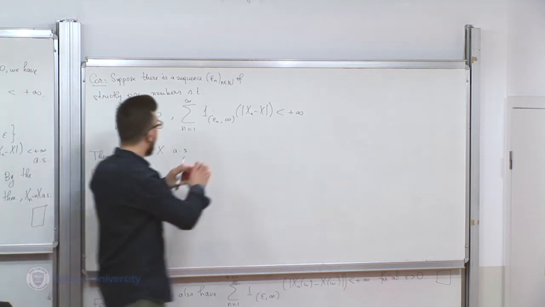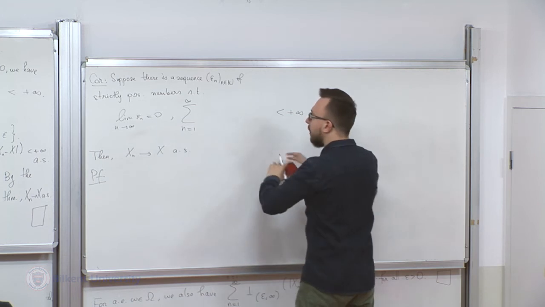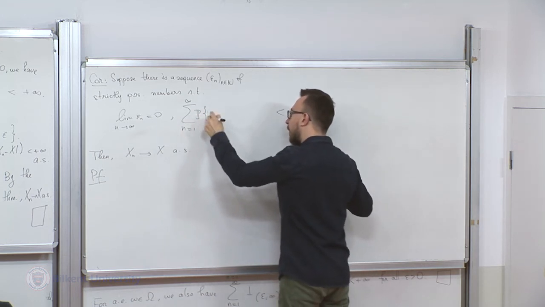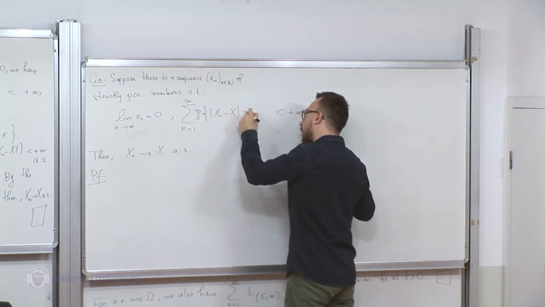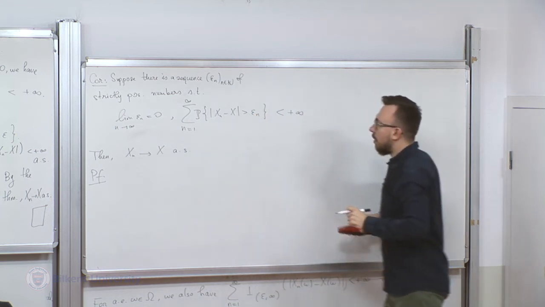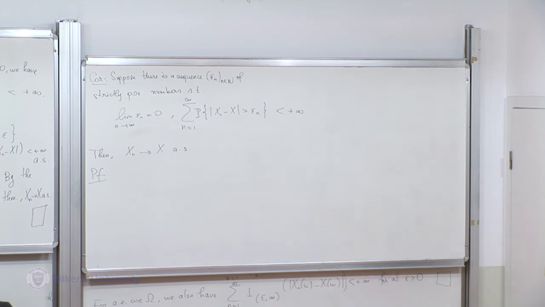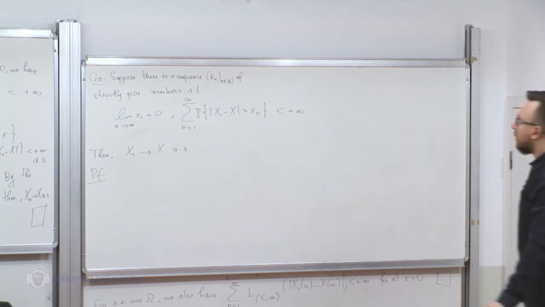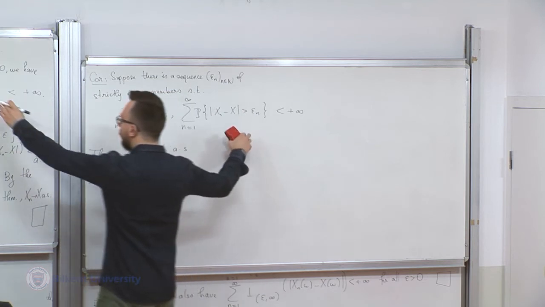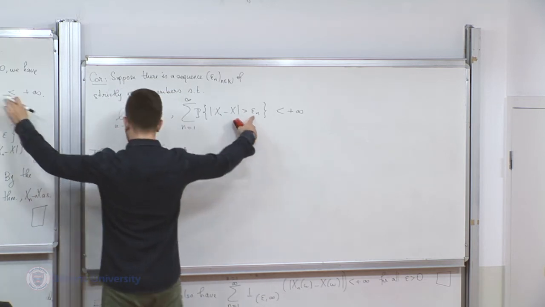Oh, I wrote something wrong, right? I forgot the probabilities, sorry. Of course, if we look at the indicators, then this is not really a test for convergence. So this just looks like the same type of test, but now with changing epsilon.